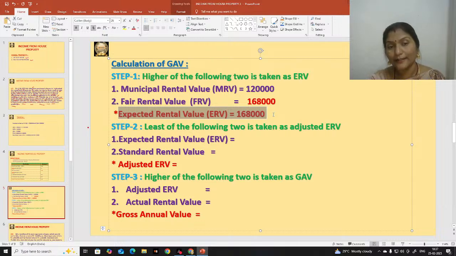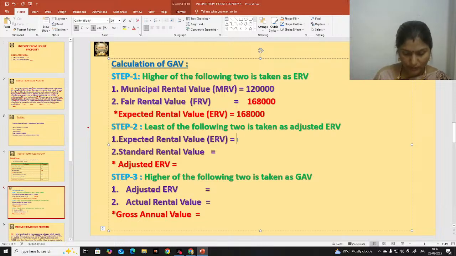That we should record in the first place of the second step. In the second step, we write 1,68,000. Next, second item is standard rental value.